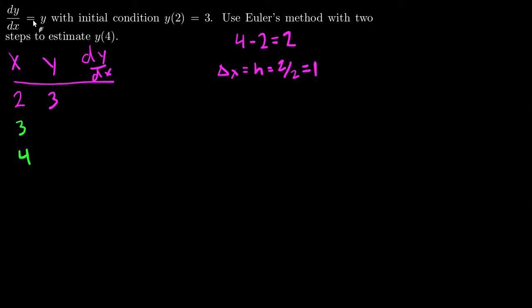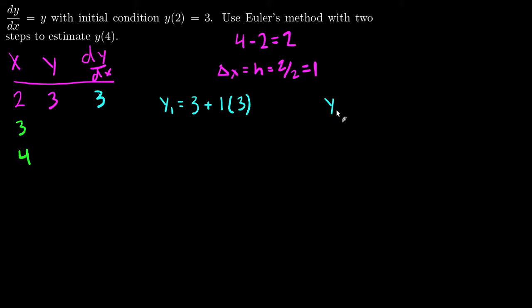And now, dy/dx is just y, which is 3, and I'm making a linear approximation, so I'm going to start at (2, 3) and go with a slope of 3, 1 unit to the right. So the first new y value is going to be my old y value, 3, plus my change in x times my slope.